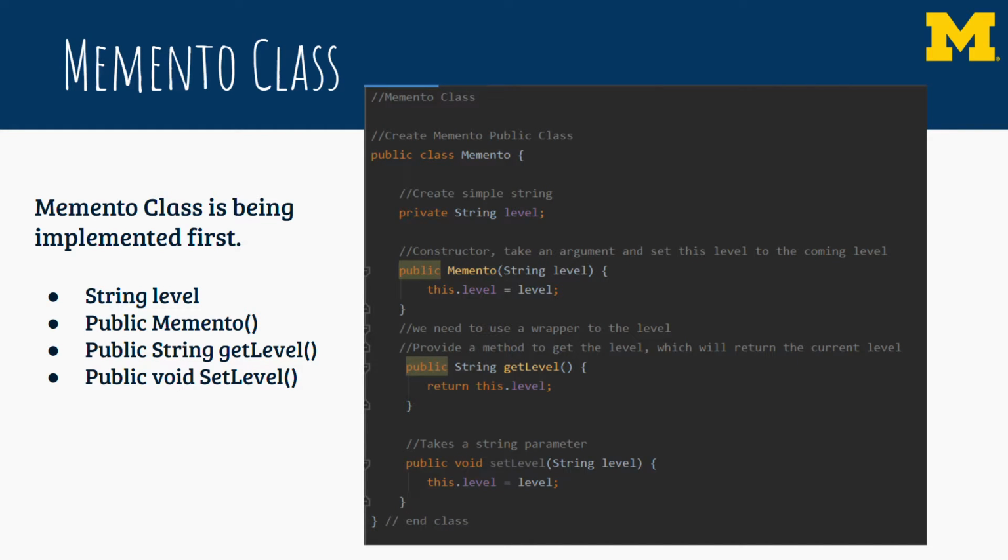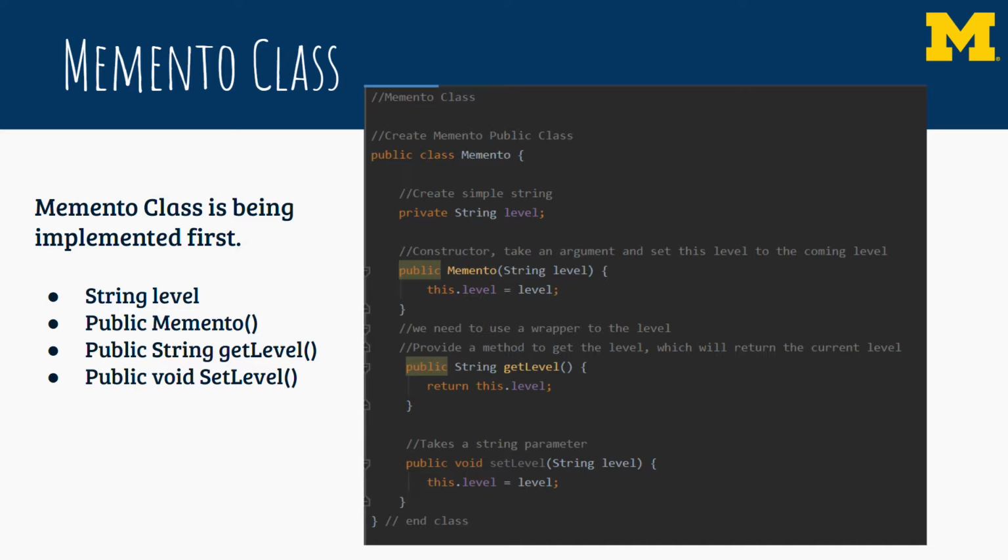So going into the demonstration, the first class being implemented is the memento class. First of all, we create a private string and call it level, for the levels.